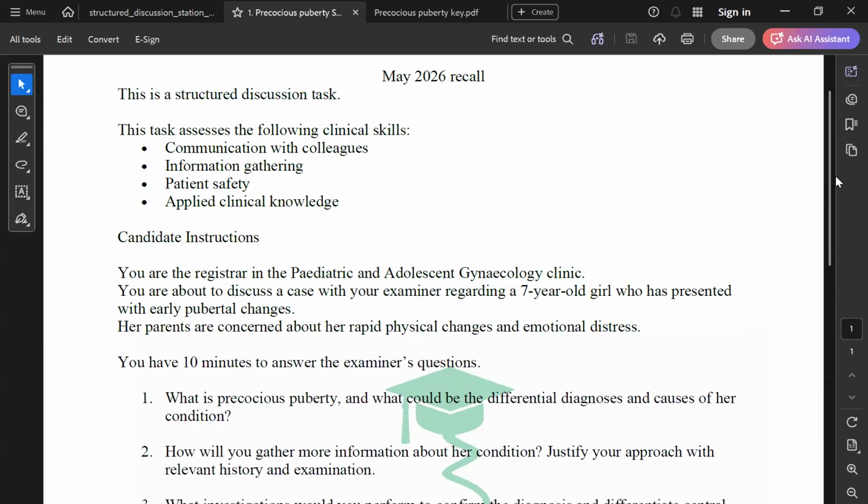So, how will you gather more information about her condition and justify your approach with relevant history and examination? The relevant information I would like to get is the onset, since when it has started, and also the duration.